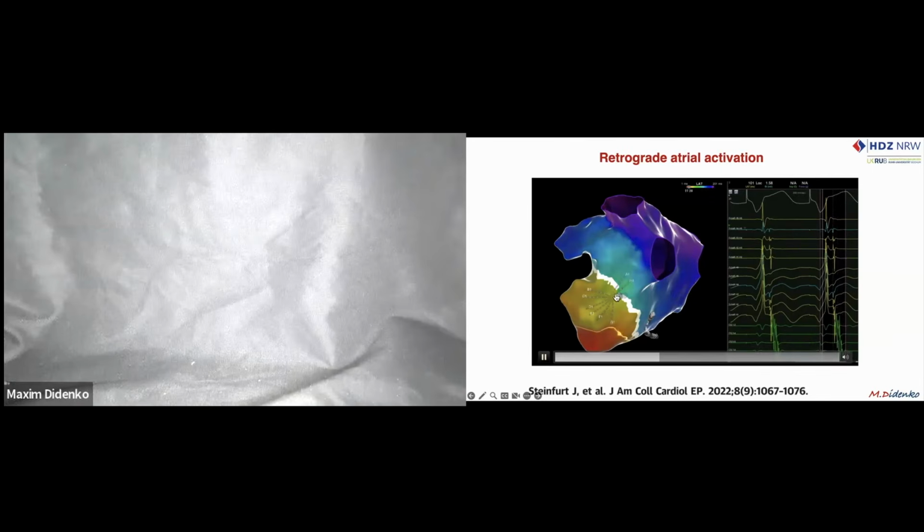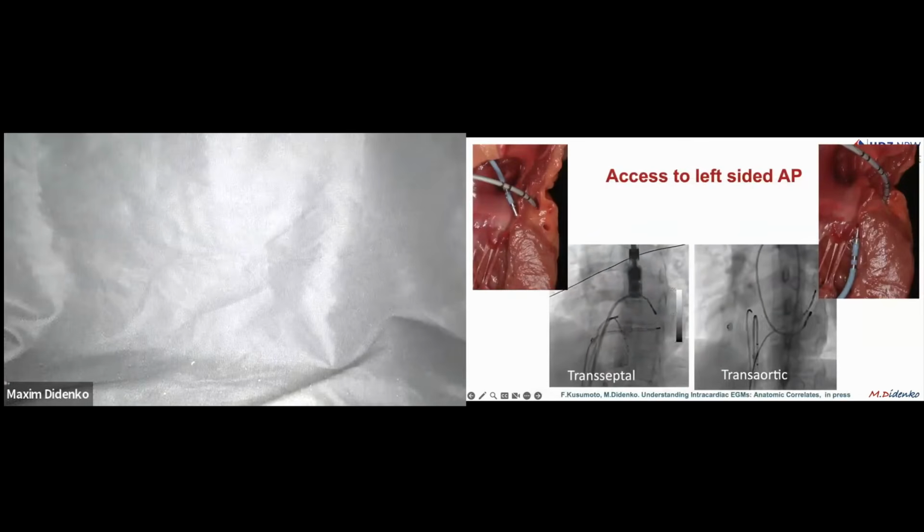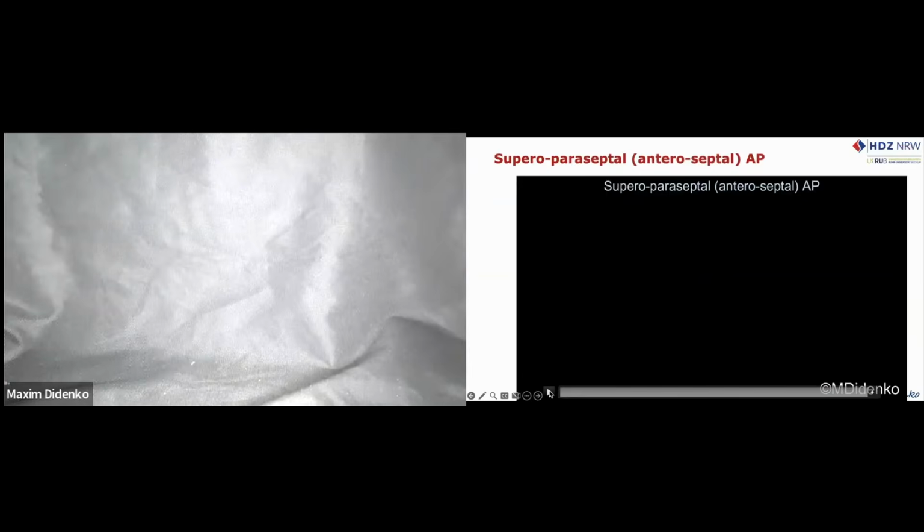So ventricle, accessory pathway activation, and then atrium activation. This is nice, how we can see it. For the left-sided, we can ablate from a transseptal puncture or transaortic as well. Nowadays, almost always transseptal puncture.